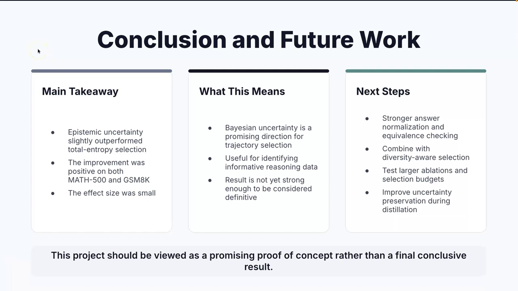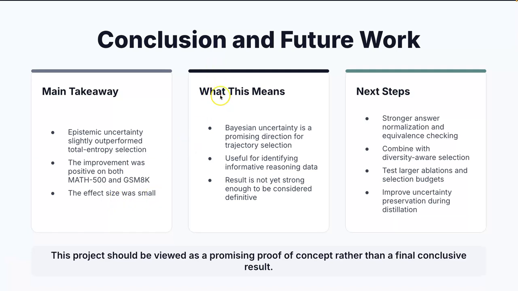So my conclusion and takeaway here is the epistemic uncertainty slightly outperforms total entropy selection, and the improvement was positive on both MATH 500 and GSM8K, even though the effect size was small.